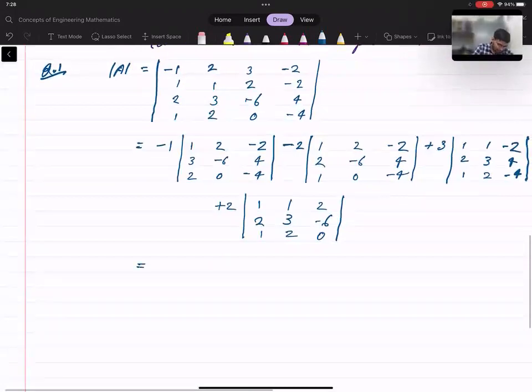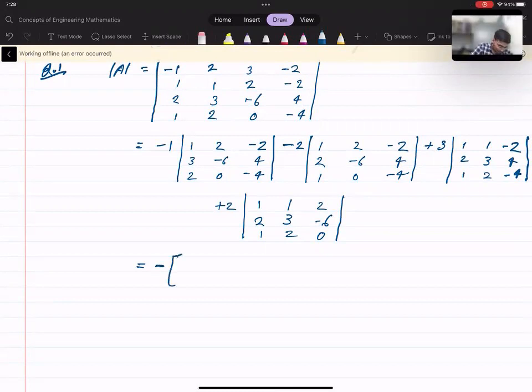Okay, so now let me solve it further. So here what happens is minus will be as it is and we will not expand the determinant here. So -1 means minus only. And now let us take the first row again. So 1, then here again 1 is a11 here for this particular determinant, third order determinant. So -1 raised to power 1 plus 1 is even.